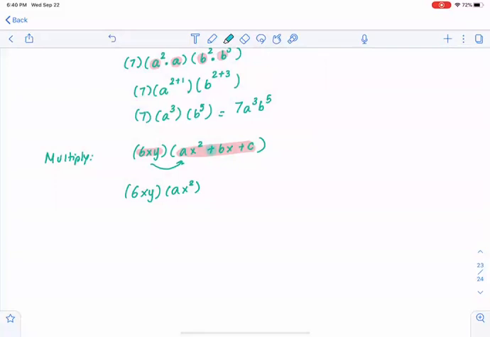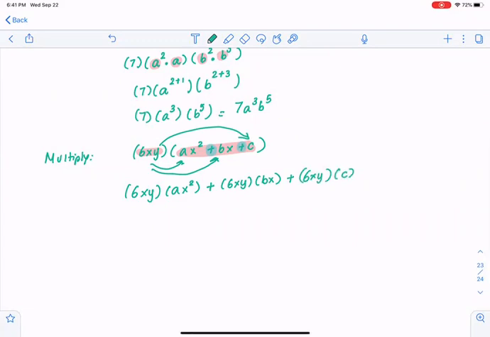The plus sign is right in the middle, so plus 6xy times bx. Plus sign, that's right in the middle, 6xy times c. There is nothing in common in the last term, so I could write it as 6xyc.